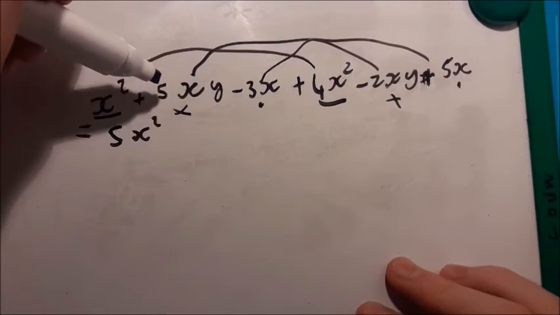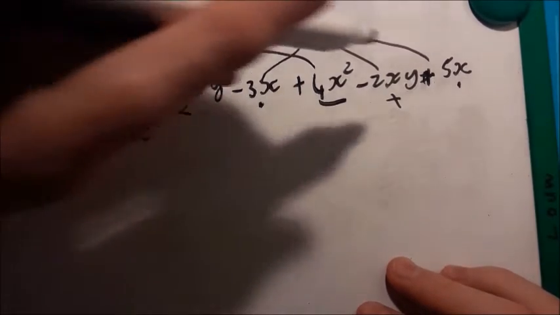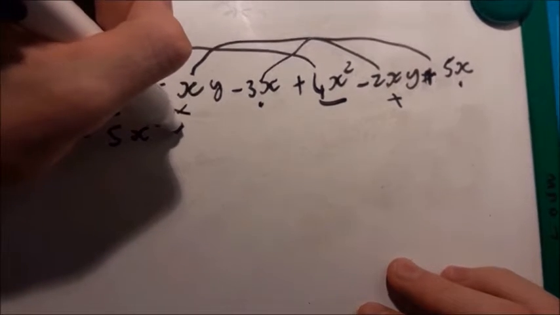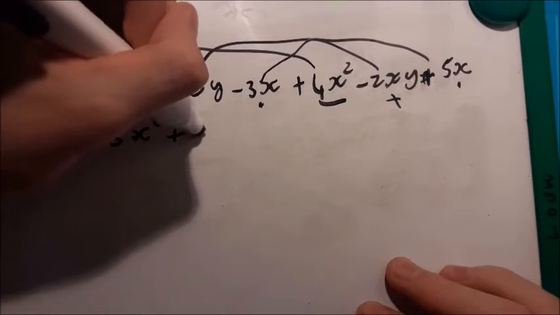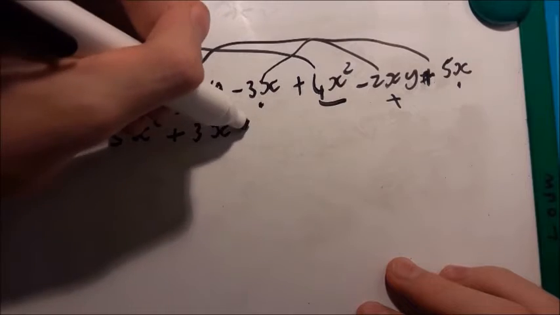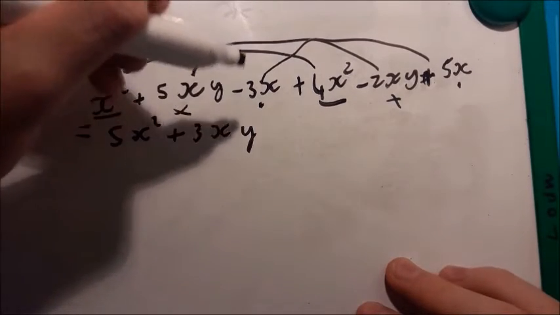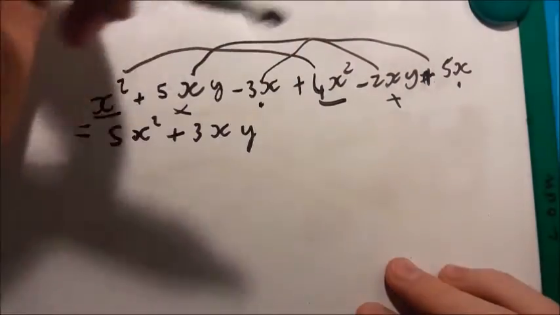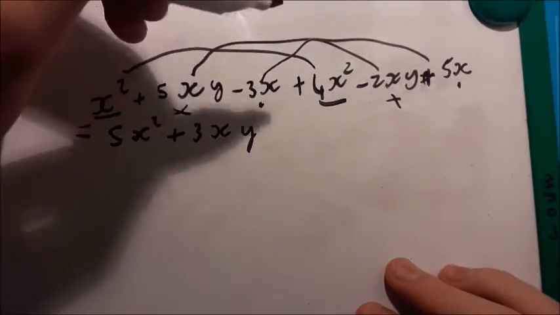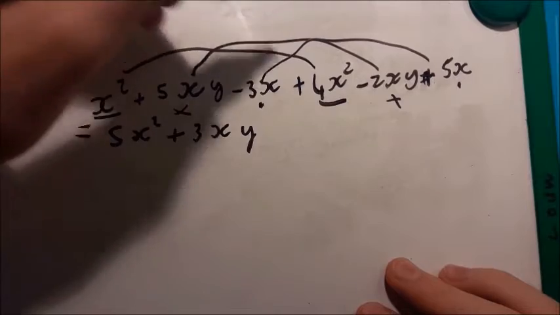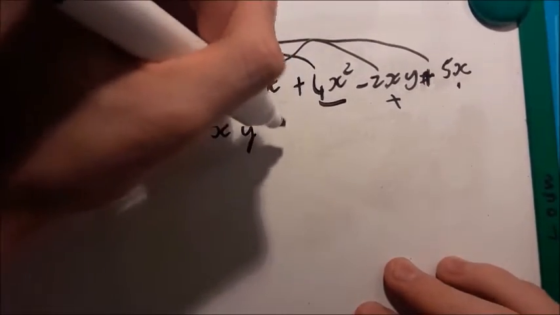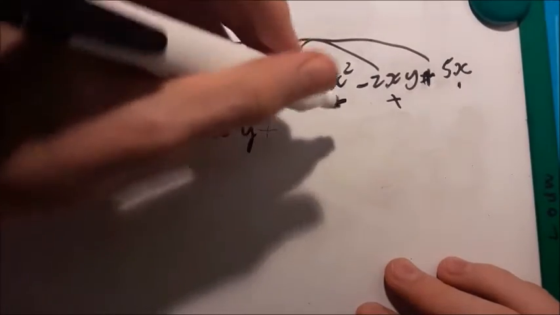Then we have 5xy minus 2xy. 5 minus 2 is 3, so it's still a positive number, and it's 3xy. Then we can get negative 3x and positive 5x, which is the same as saying 5 minus 3x, which is positive 2x.